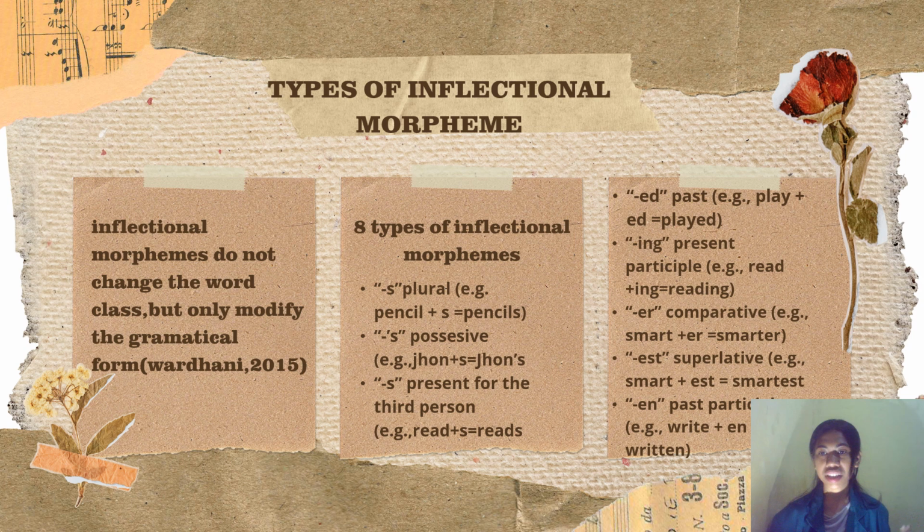For example, smart and then becomes smartest. And then en for the past participle, for example, write plus en becomes written in the past participle.